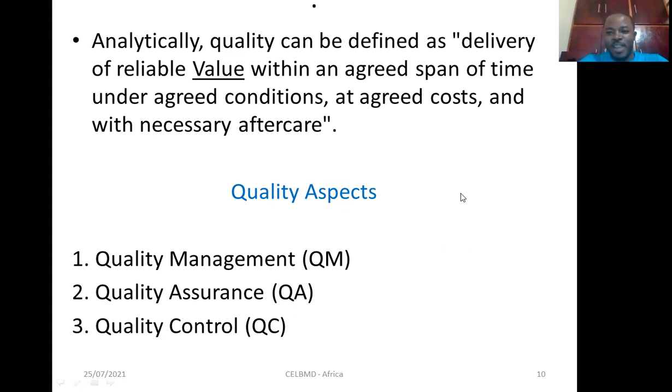Quality has usually been defined also as the delivery of reliable value within a time frame under conditions that have been agreed by the client and the originator of that product or service. It means also there is that dimension of quality that plays with constraints of time and cost and aftercare, which most producers of goods and services have defined as assurance.